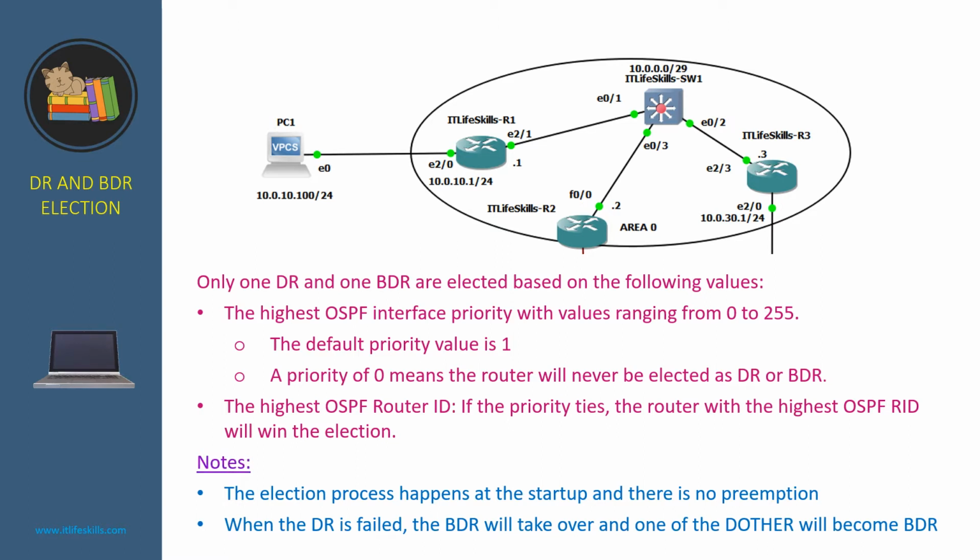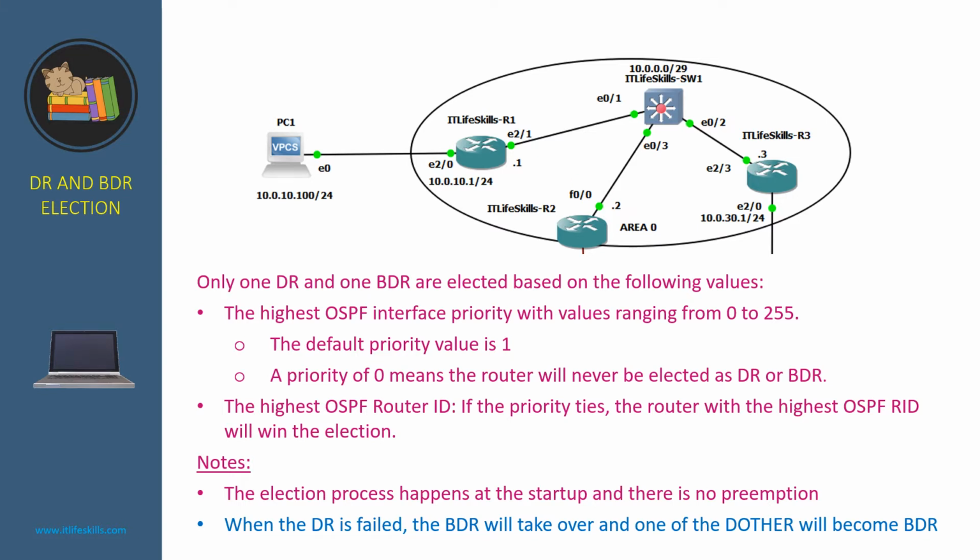There are several things to note. The election process happens at startup and there is no preemption. For example, if we configure IT Life Skill Router 1 first, it will become the DR. And then if we configure IT Life Skill Router 2 later, it will become the BDR.